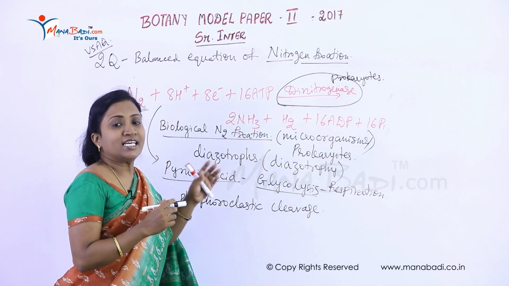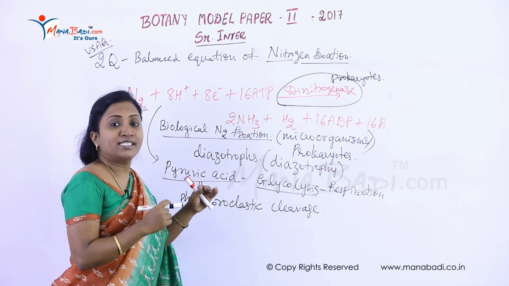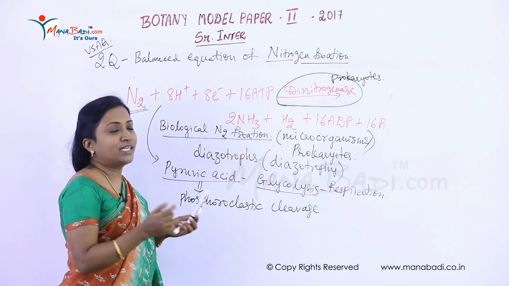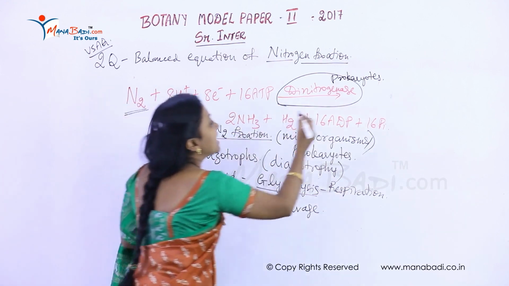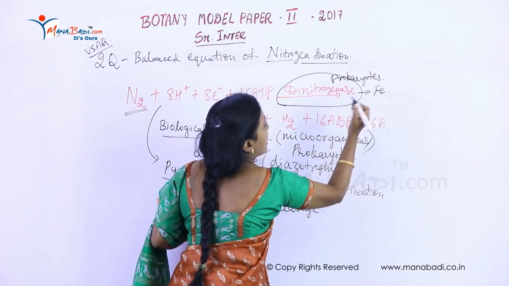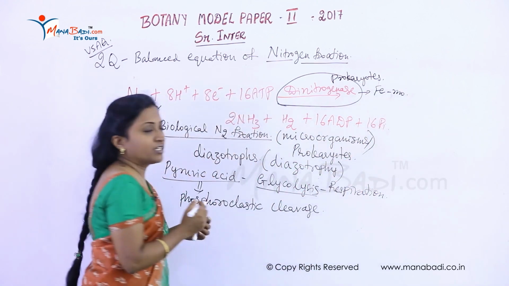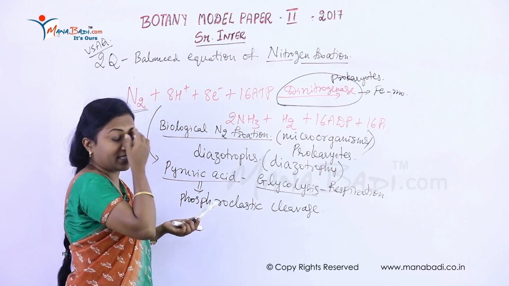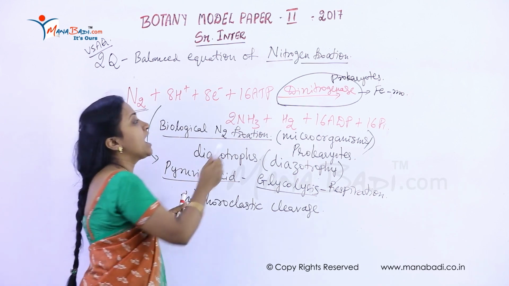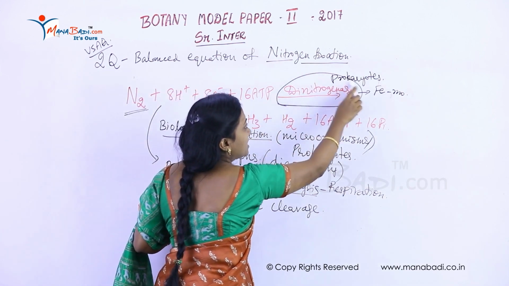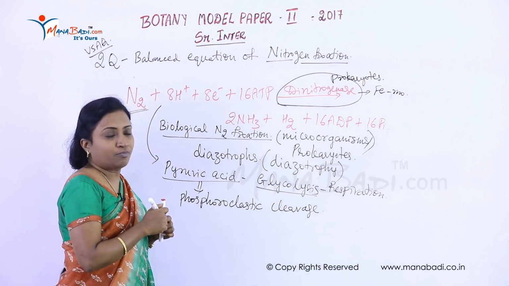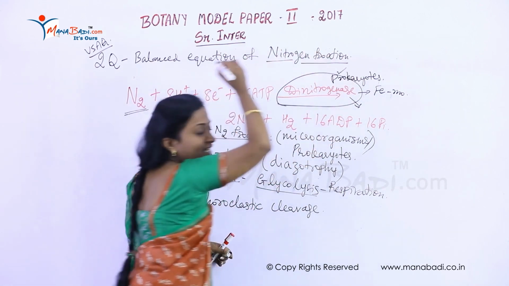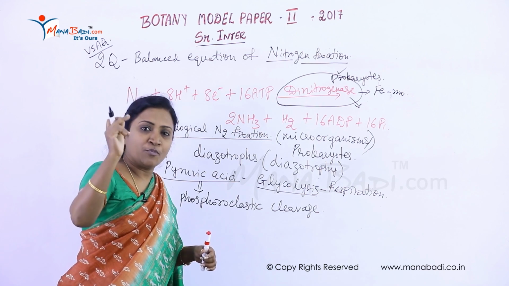We know that enzymes are proteins, and this dinitrogenase enzyme is rich in iron and molybdenum proteins, of a dimer as well as a tetramer form.